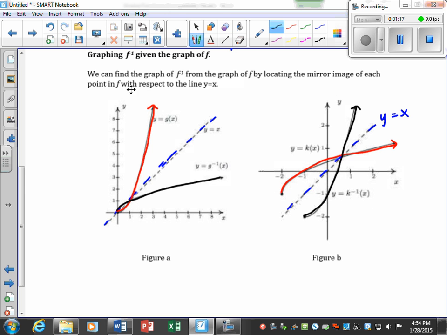So this is just showing us a graphical depiction of how our inverse and our original function relate to each other with respect to this y equals x.